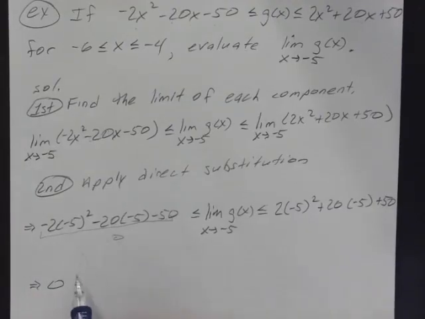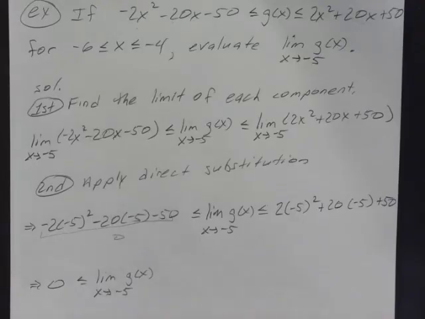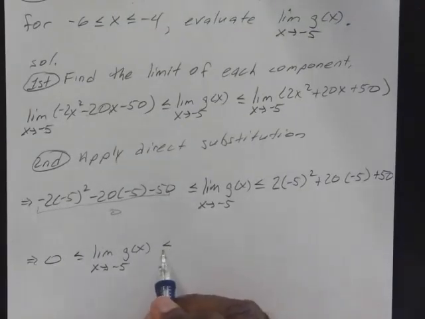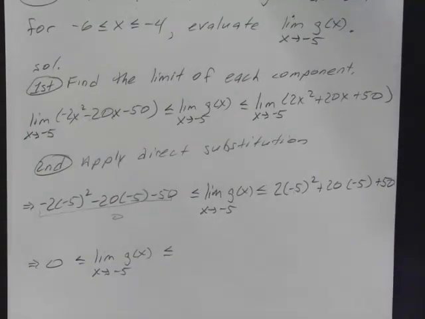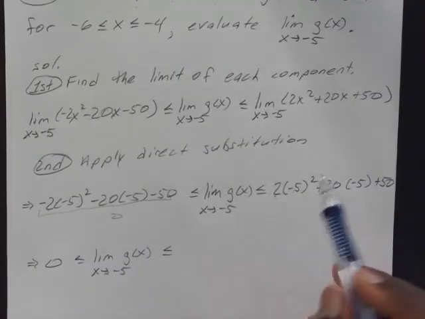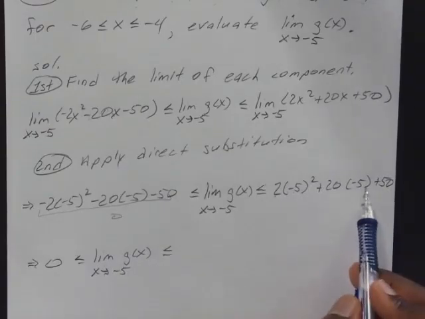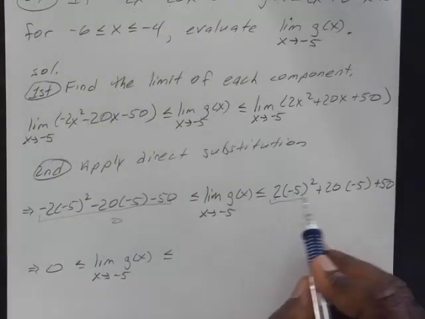So we have 0 is less than or equal to the limit of g of x as x approaches -5. Less than or equal to, here we have -5 squared, which is 25 times 5 is 50. So if you add 50 to this 50, you get 100. And here you get -100. So this is also 0.